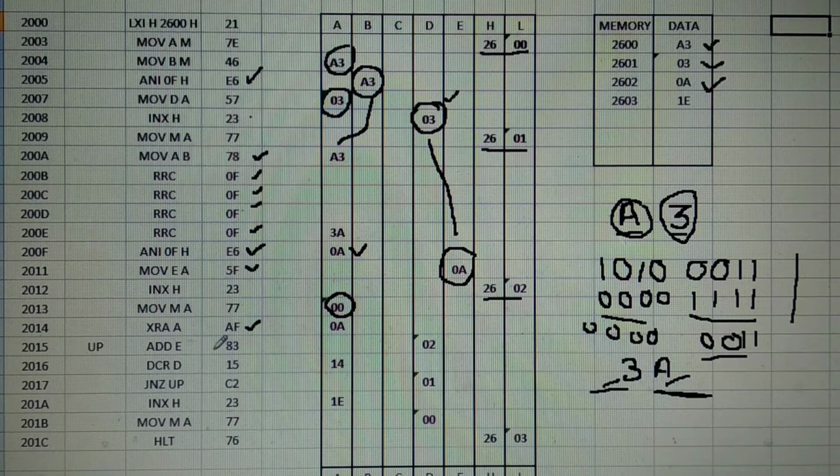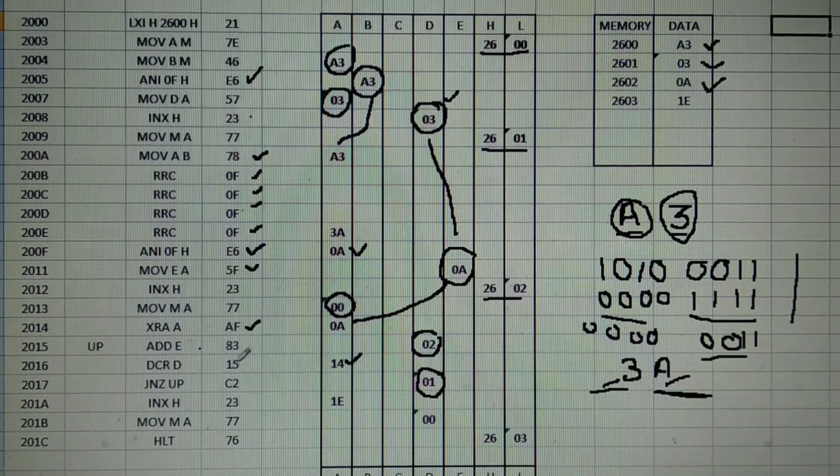So ADD E, the content of E is added, you will get A. One time it is added, therefore decrement D, you will get 02. It is not 0, therefore again add E, you will get 14. The second time added, therefore decrement, you will get 01. That means one more time you have to add.